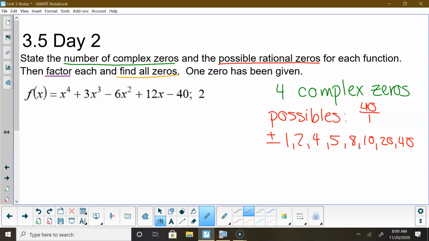All right, so now I got to factor the stupid thing. Now, the luxury is I gave you a 0. So, 2 on the outside. Am I missing any terms? Nope. So 1, 3, negative 6, 12, negative 40.